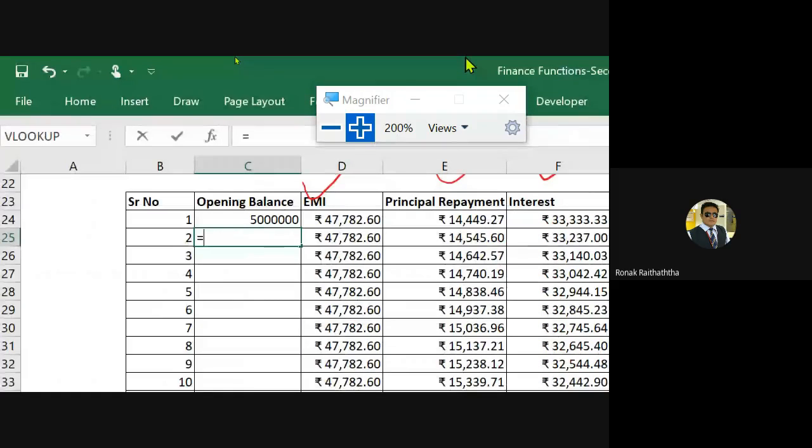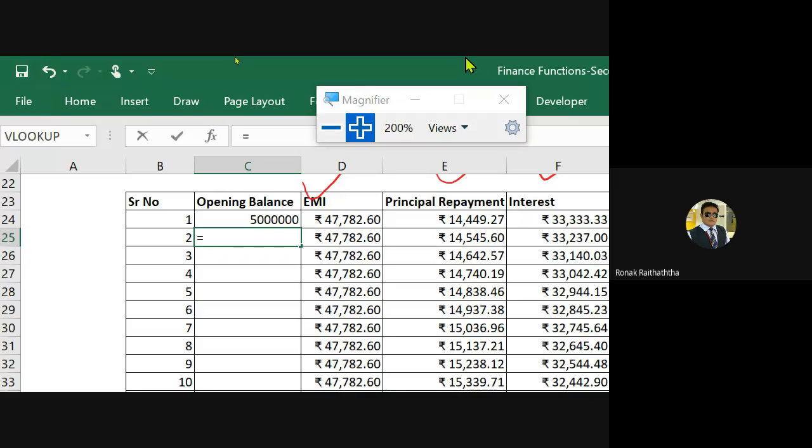Can someone tell me? ओपनिंग बैलेंस कैसे फाइंड करते हैं भाई, कैसे किया था बताइए. कुछ तो फॉर्मूला था ओपनिंग बैलेंस का, क्या फॉर्मूला था? Is equals to closing balance of the last period.